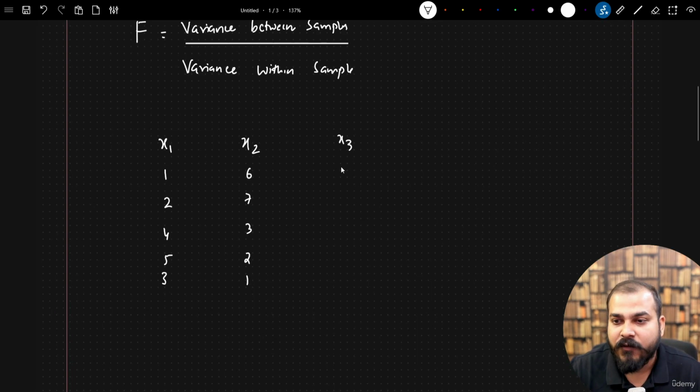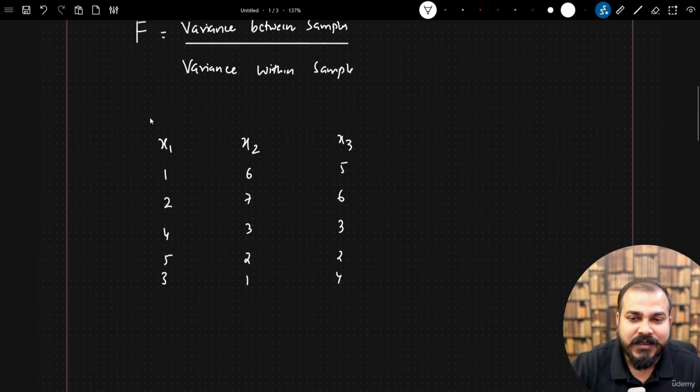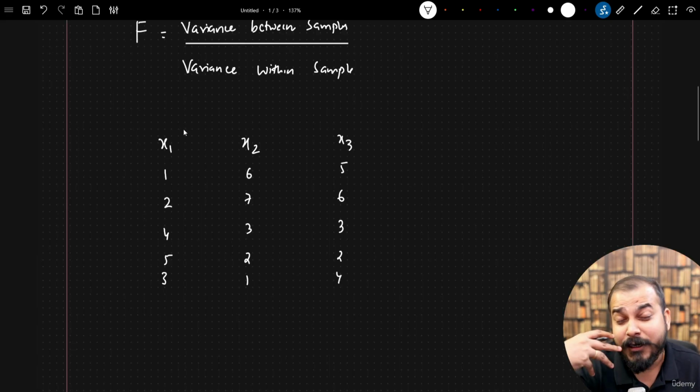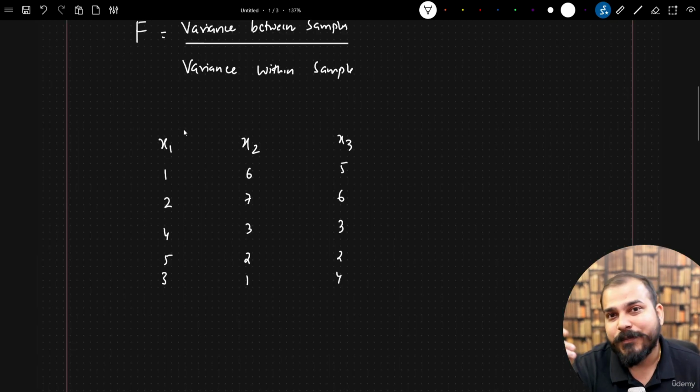And in x3, I have probably 5, 6, 3, 2, 4. Let's consider these three samples, and I need to test whether the means of these samples are equal or not. I really need to compare all the means with respect to these samples and perform an F test.